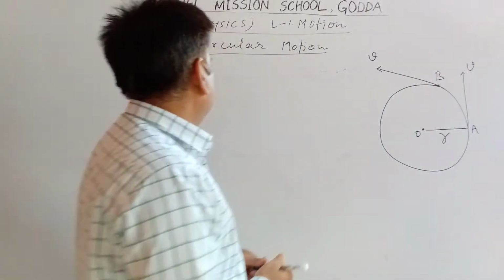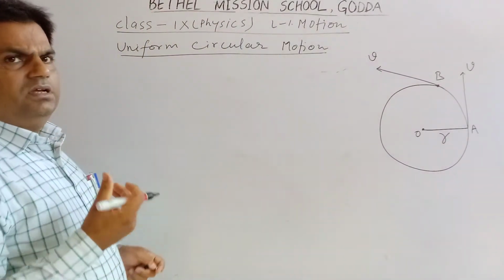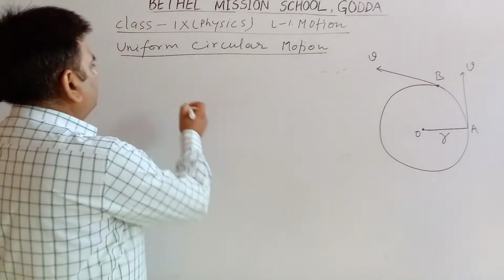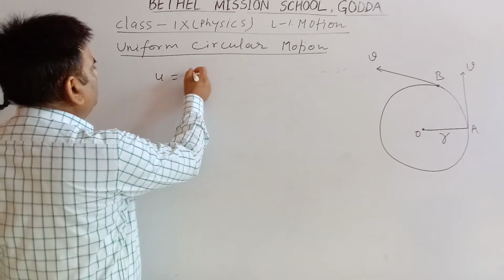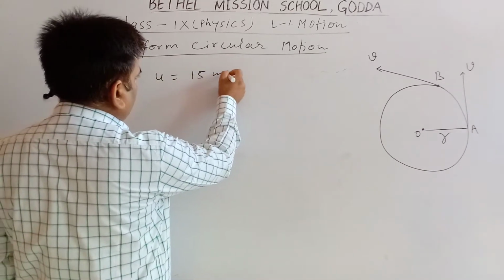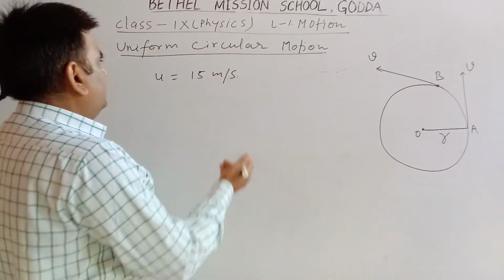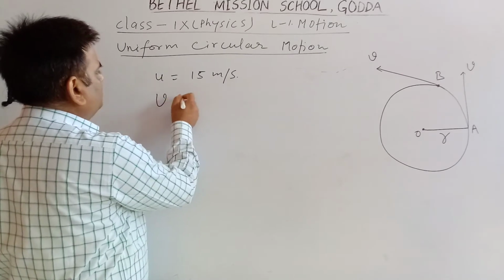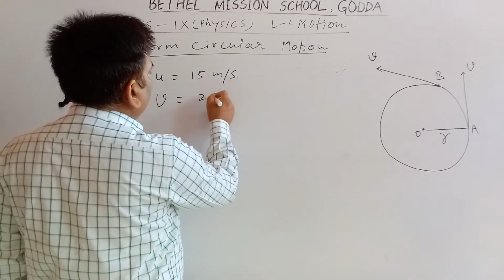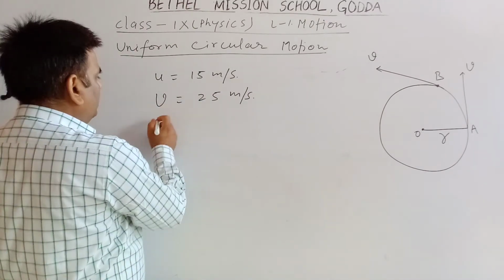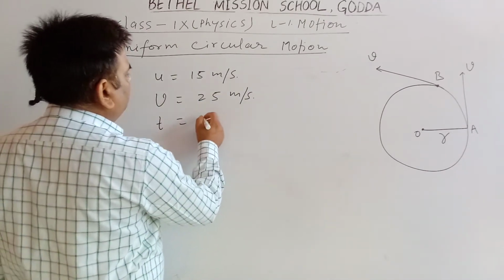An object moves with initial velocity 15 meter per second and reaches the final velocity 25 meter per second during the time 5 seconds.